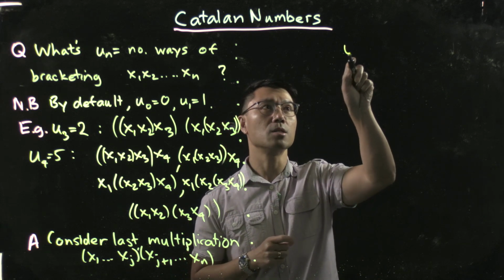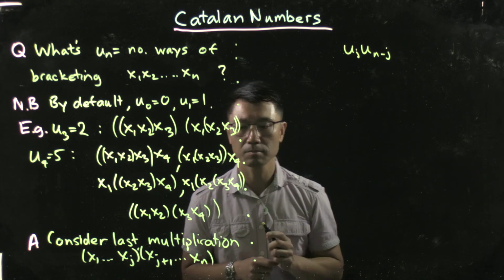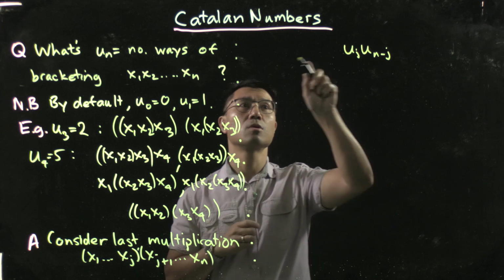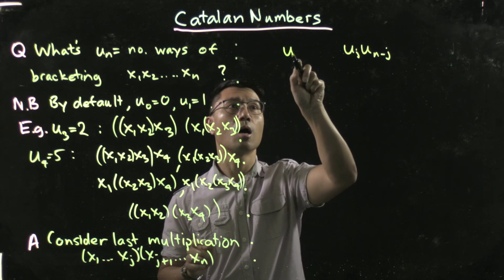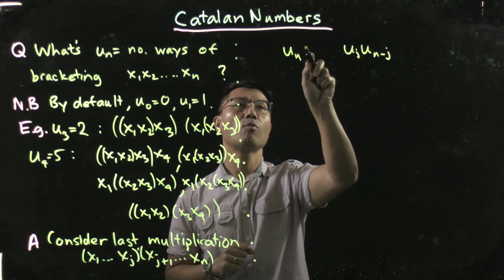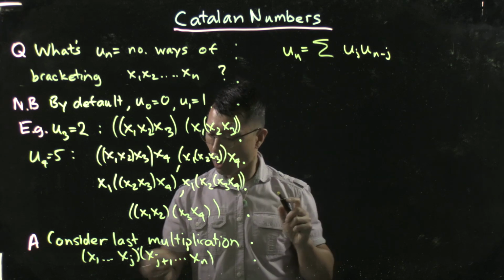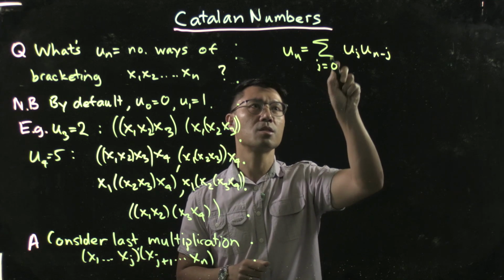The total number of ways is uj times u(n minus j). And of course you can have this for any j. So if you want to bracket these n terms, the number of ways is you sum this up for all j. Where can j go from and to? I'll go from 0 up to n.